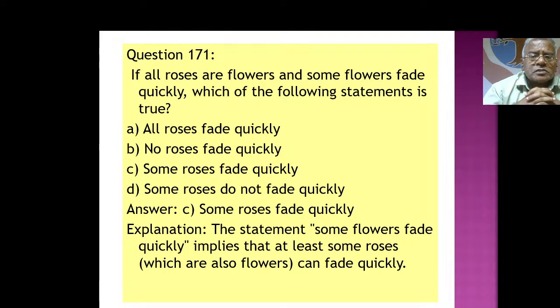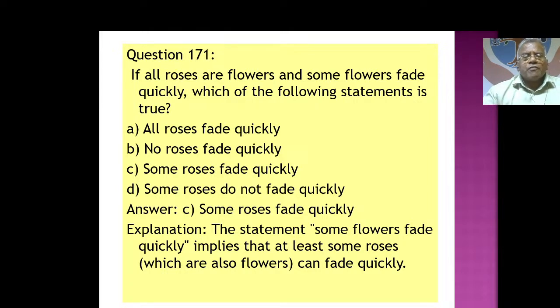If all roses are flowers and some flowers fade quickly, which of the following statements is true? All roses fade quickly. Okay, now how will you analyze this? The statement some flowers fade quickly implies that at least some roses, which are also flowers, can fade quickly.